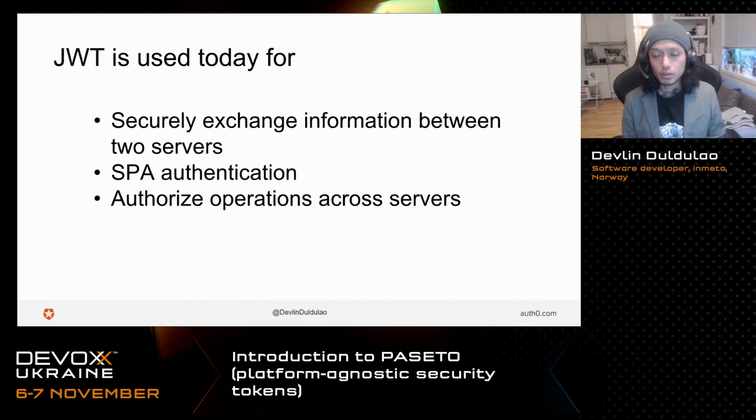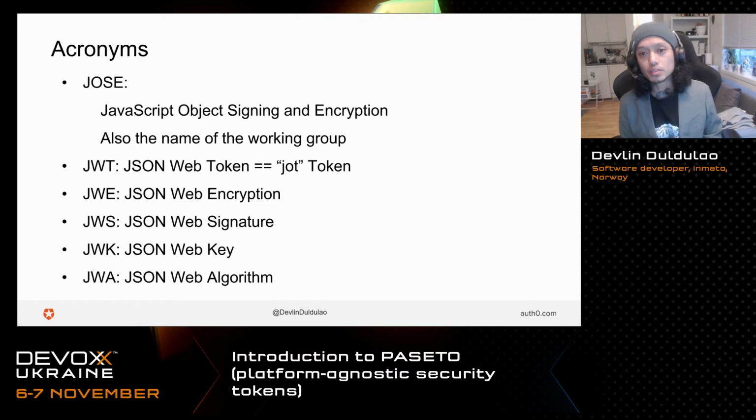Let's go for some acronyms here in the JSON world. So we have JOSE, I don't know how to pronounce that. It is a framework intended to provide a method to securely transfer claims between parties. Here we have JWT, which represents claims in a compact, URL-safe means.